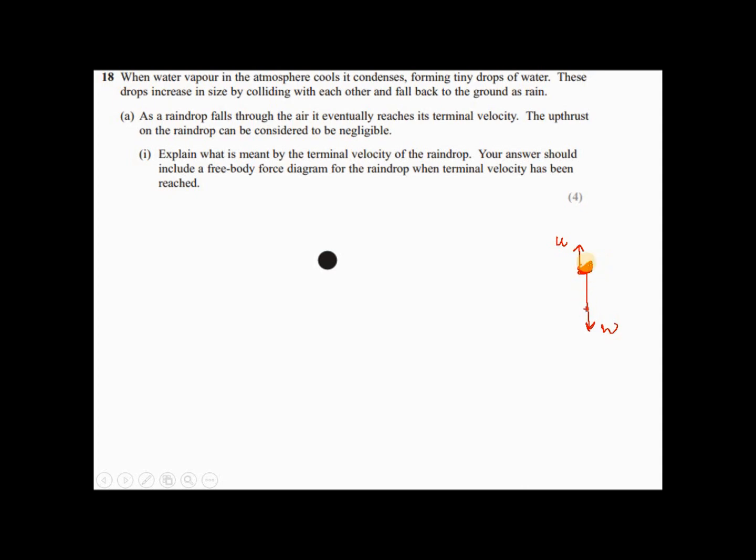But the object is falling downward, so the drag force acts upward, and this drag force increases with the velocity until the sum of these two forces equals the weight. So if W is equal to U plus D, then at that moment acceleration becomes zero. So the velocity remains constant after that moment, and that velocity is called terminal velocity.